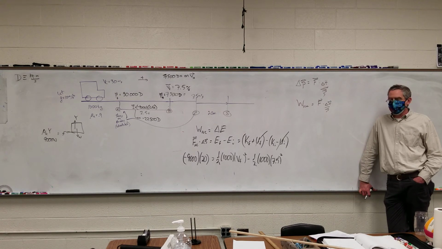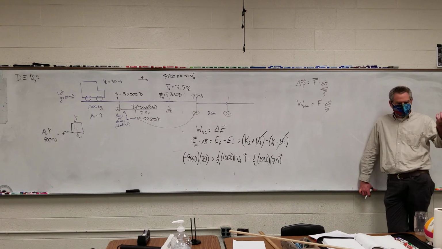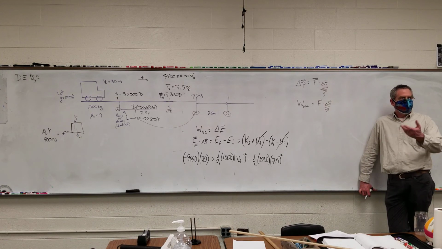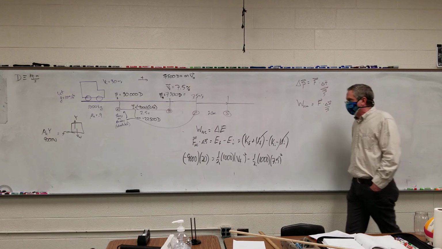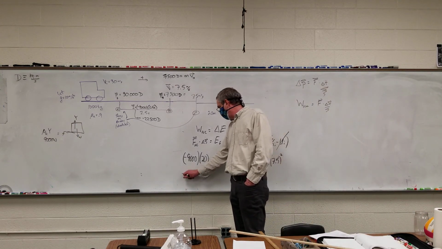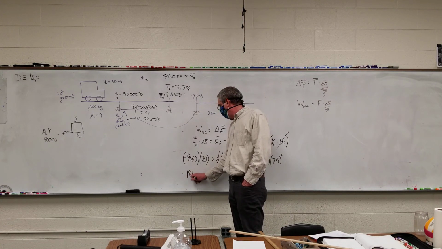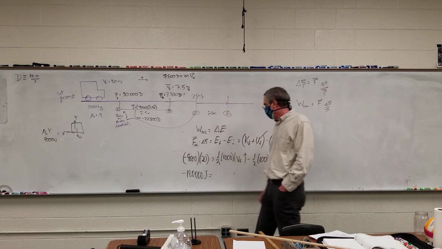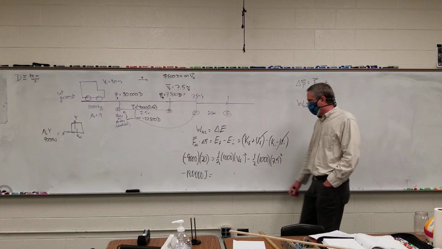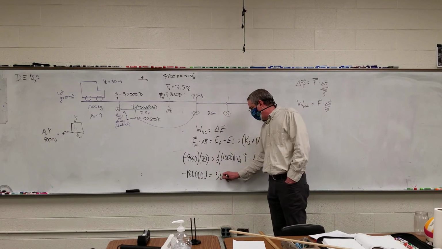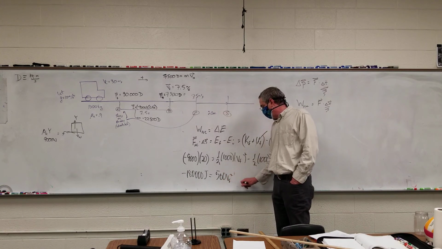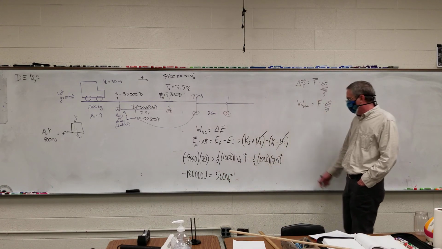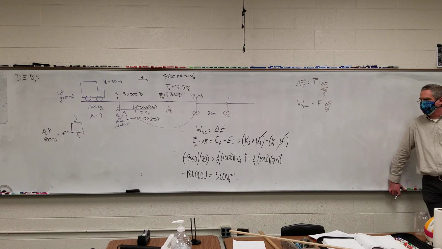So it starts out with a certain amount of energy, it loses some, and then it has some at the end. Yeah, earth-shattering concept. You start with a certain amount, you lose some, you end up with a different amount. The first one I can do, in theory, 180,000 joules of energy. The second one, that's 500 times VF squared, minus whatever that is.